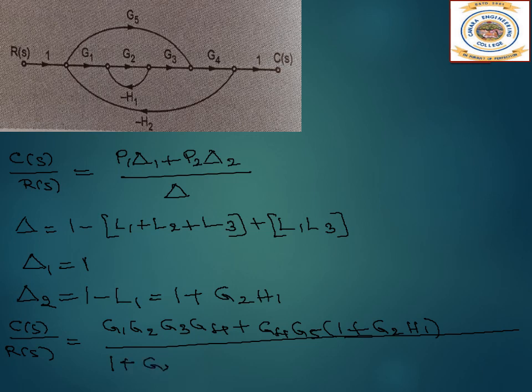So 1 plus G2H1 plus G1, G2, G3, G4, H2 plus G4, G5, H2 plus G2, G4, that is L1, L3, G5, H1 and H. So this is the final transfer function. This is how you have to find the transfer function using Mason's gain formula.